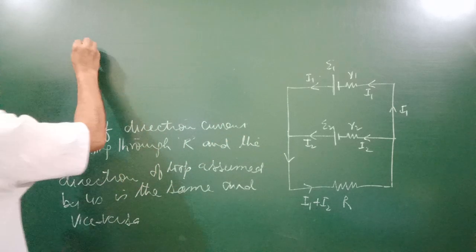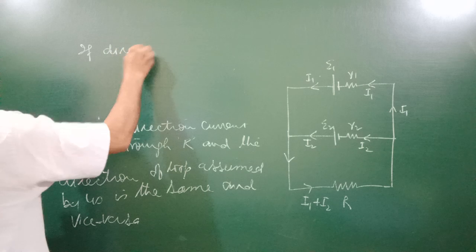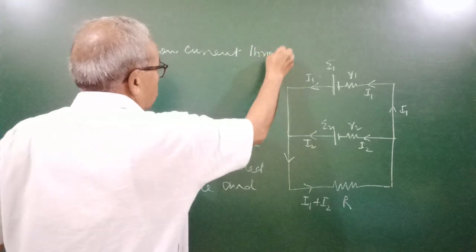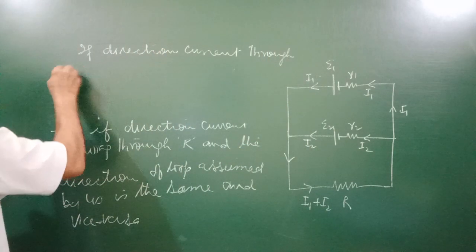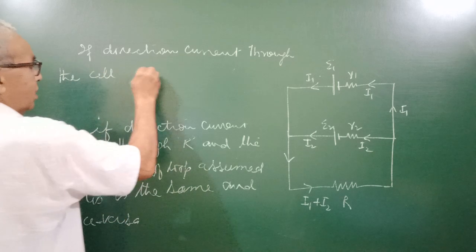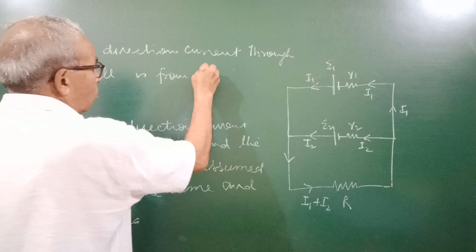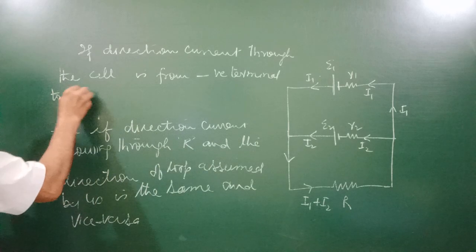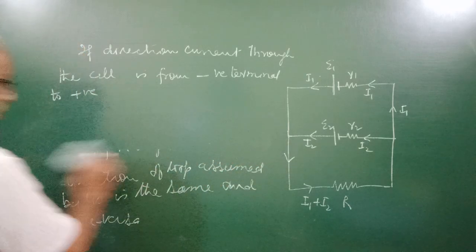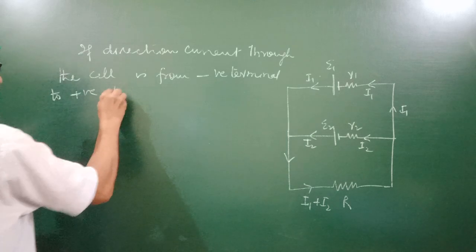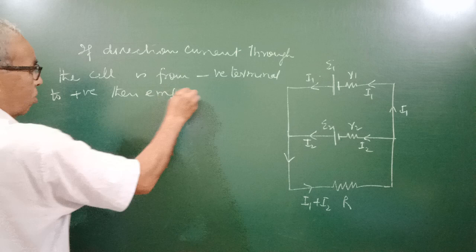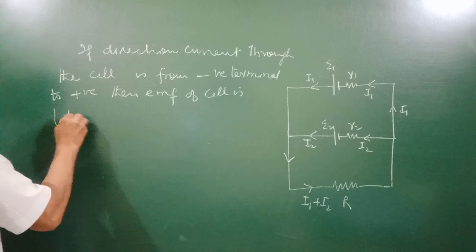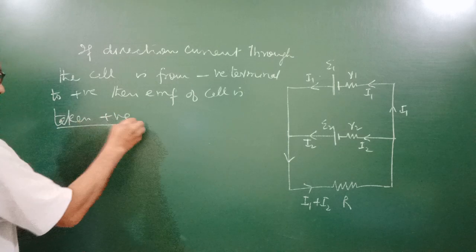Now, if the direction of current through the cell or battery is from negative terminal to positive, then the EMF of the cell is taken positive, and vice versa.